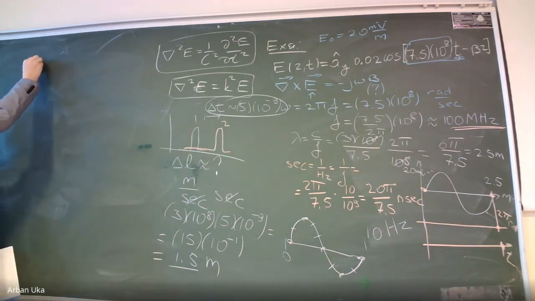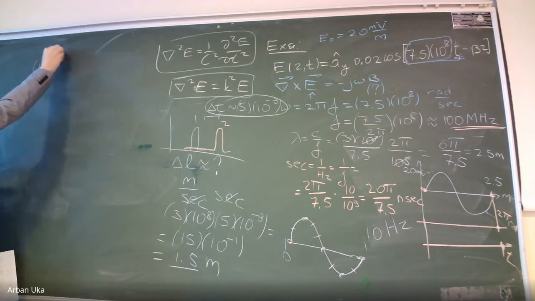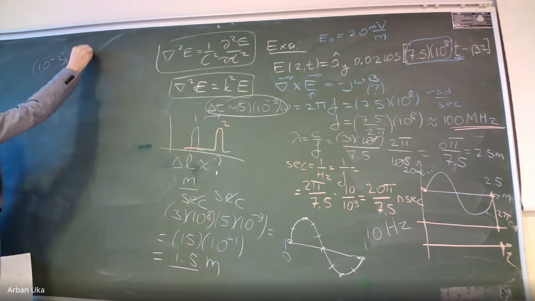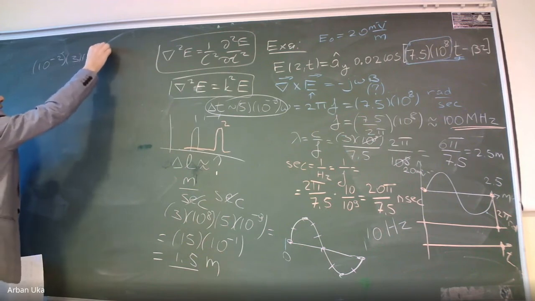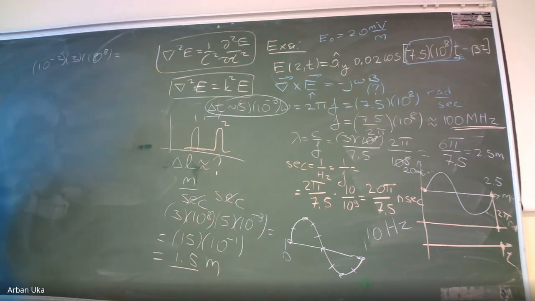So 1 centimeter, it is 10 to the power minus 2. You multiply this one with 3 times 10 to the power 8. So what do we get here? What is this? This is length scale. So this is meters. If this is meters, we have to divide by this one, right? Because we have to divide with meters per second.